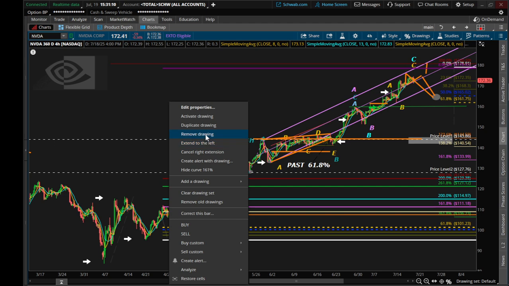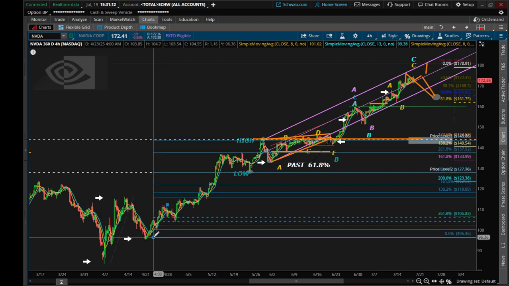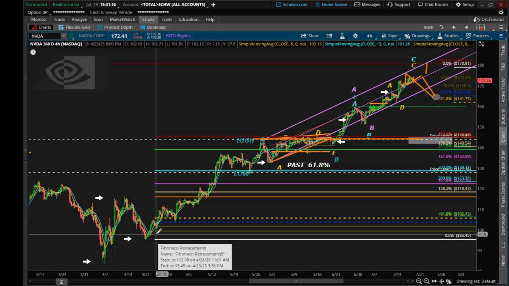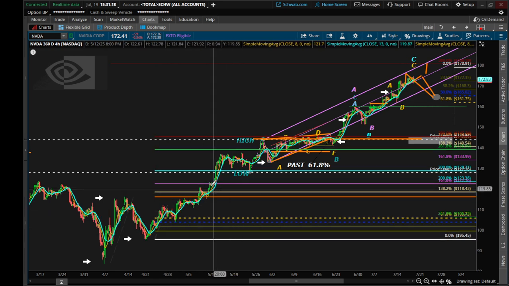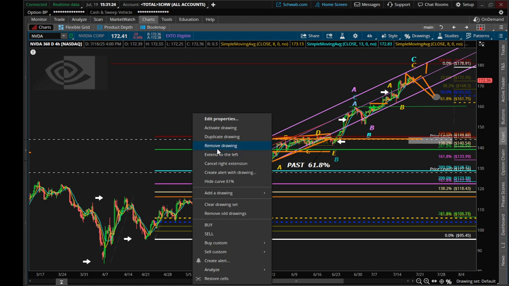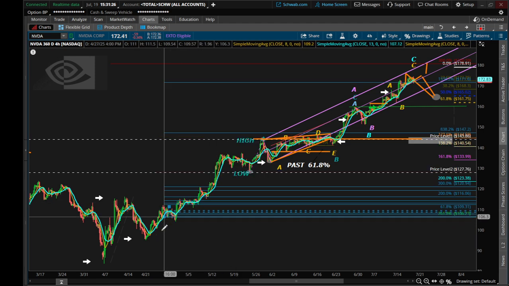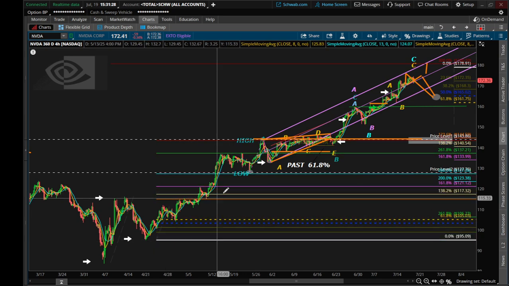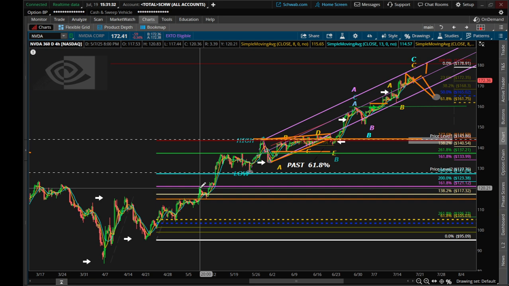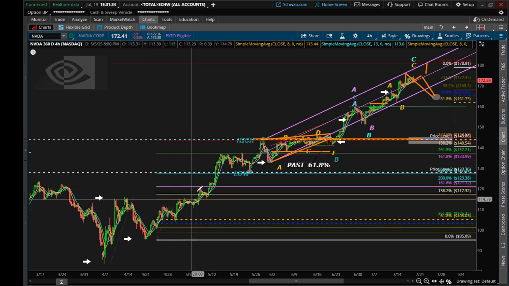So let's measure this one. There's a 161.8 again, so we're going to count that one.